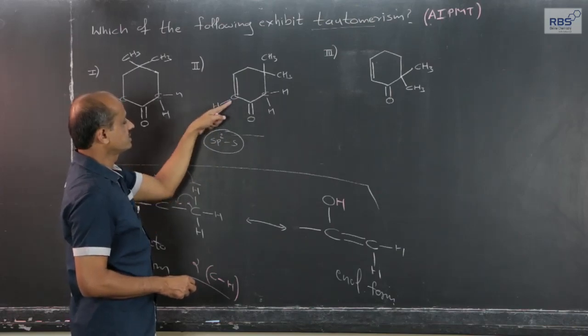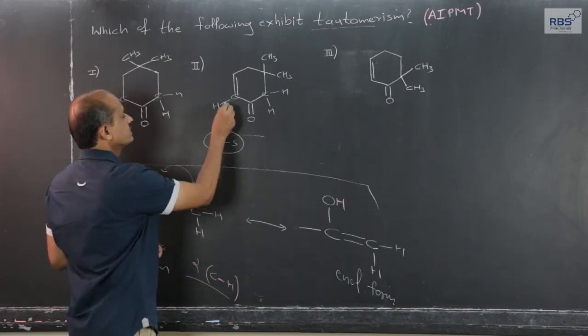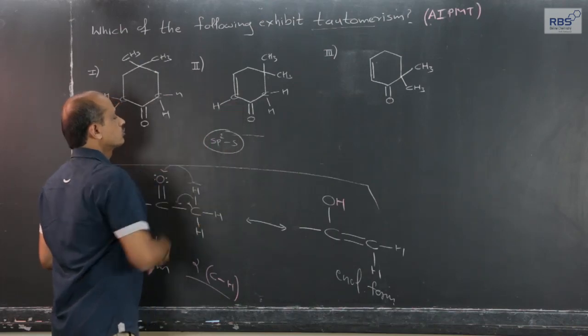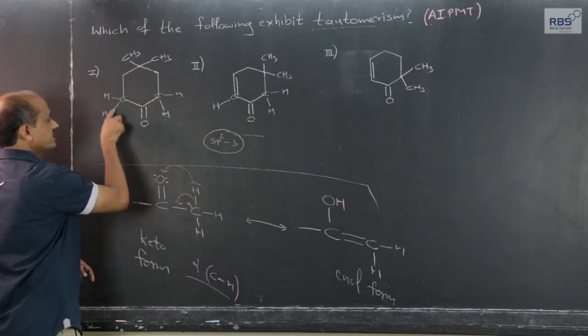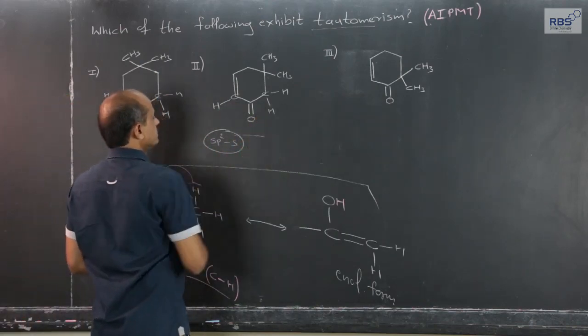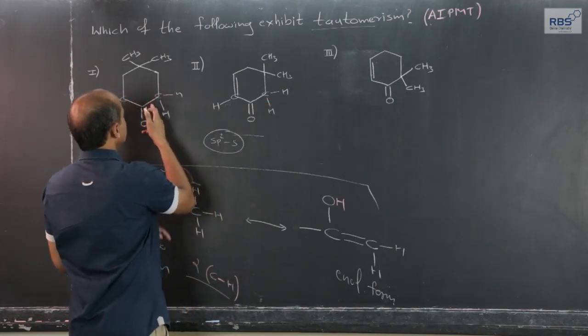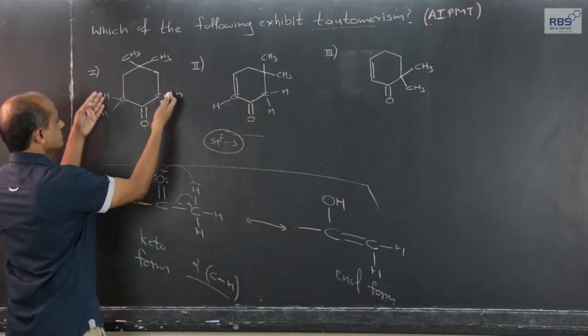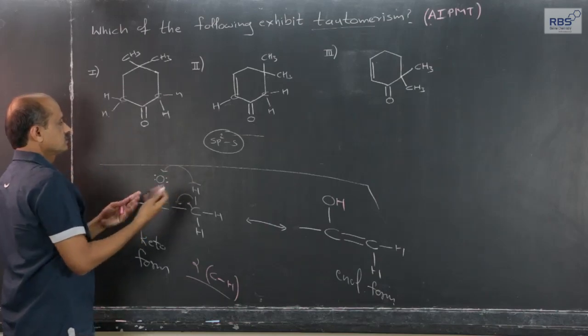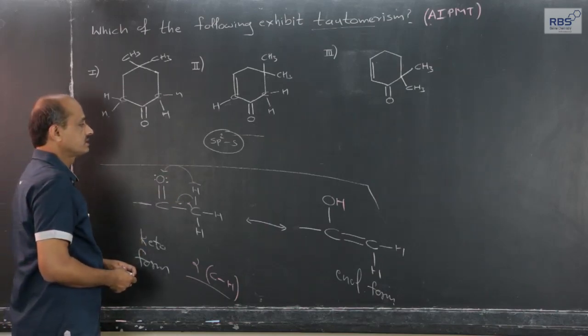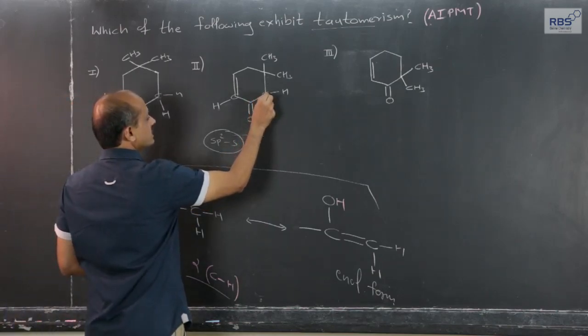The strength of this CH bond is more, therefore, this will not take part in keto-enol tautomerism. This will take part, this will take part, similarly this will take part. So, for this case, on both sides the alpha CH bonds take part. Here only this carbon will take part.